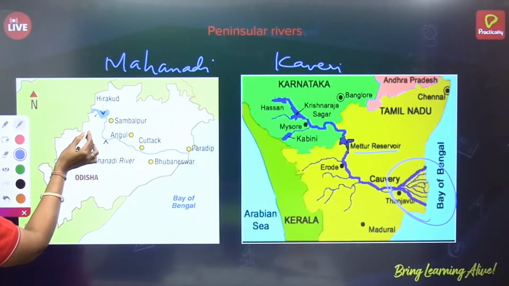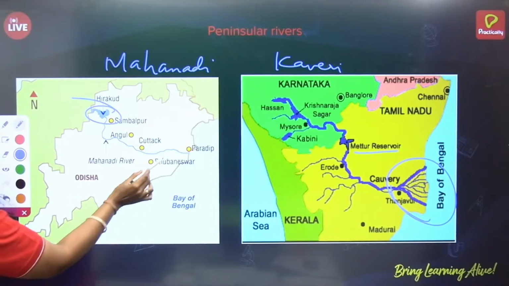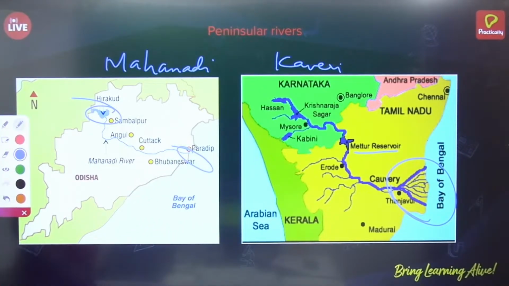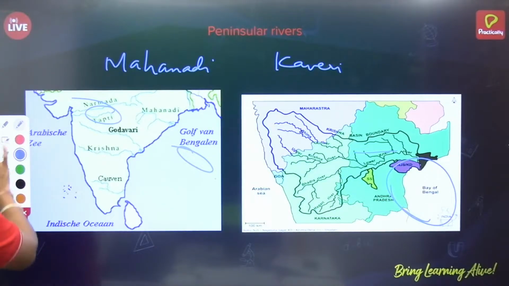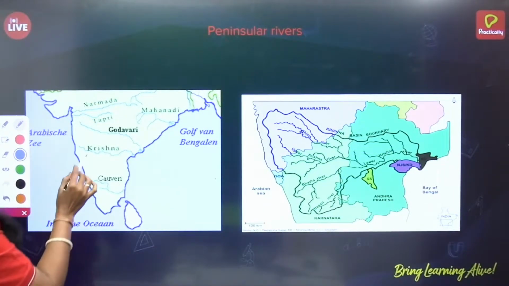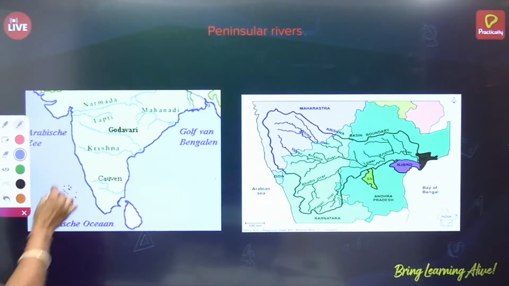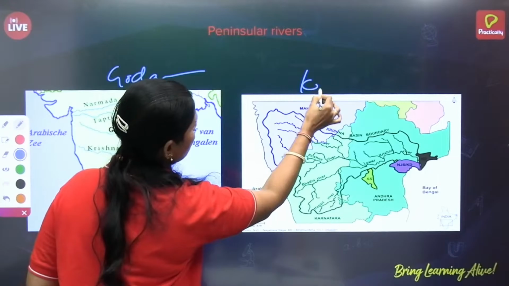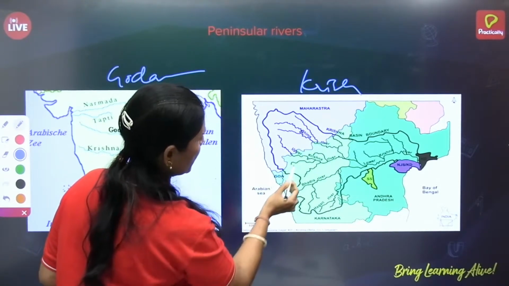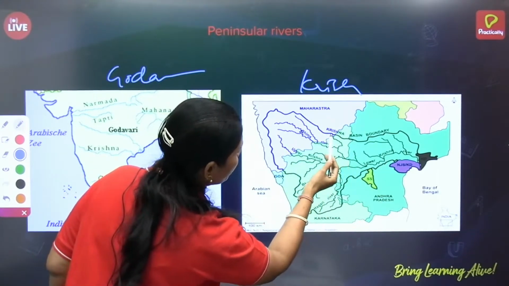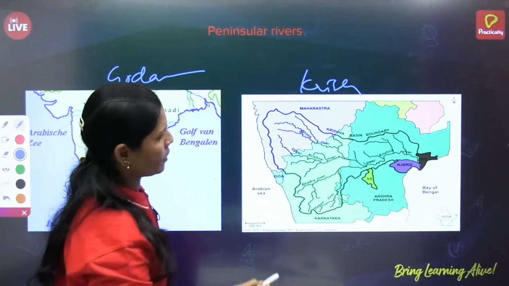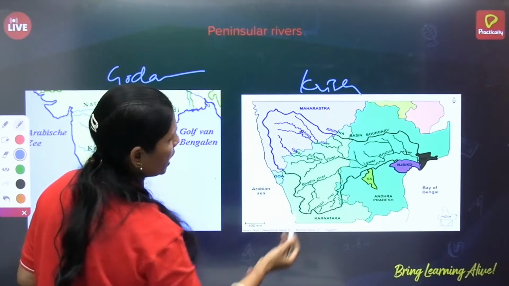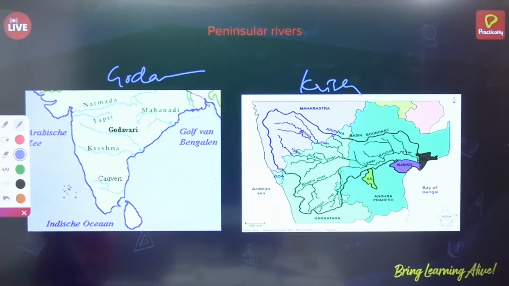And you can see Mahanadi River, Hirakud Dam here. And you can see the merging place. And this is Godavari. This is Krishna. You can see Krishna's tributaries, Krishna Basin, Lower Krishna, Upper Krishna, Bhadra River. These are the tributaries of River Krishna.